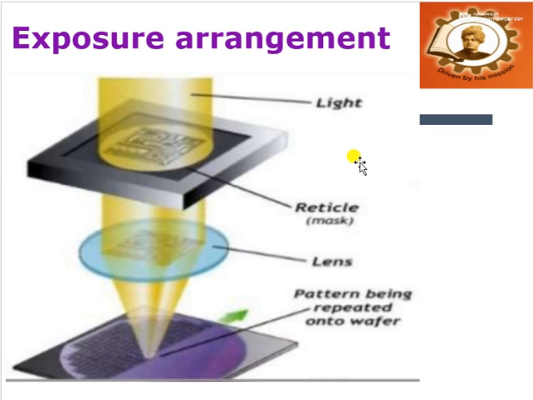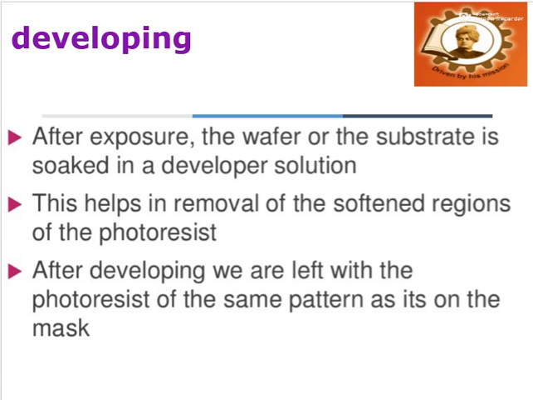Here the light falls and some mask is there, and there is a lens, and after the lens the pattern is transferred to that wafer. This is clear that the pattern is transferred by using our light and some lens to concentrate on that wafer. Then the next process is called developing.